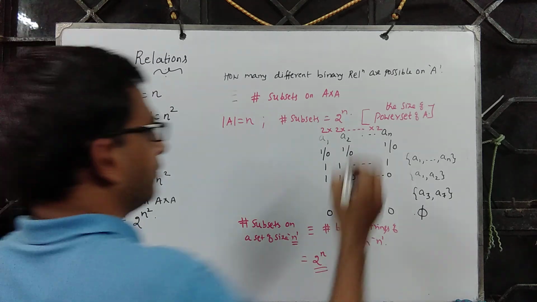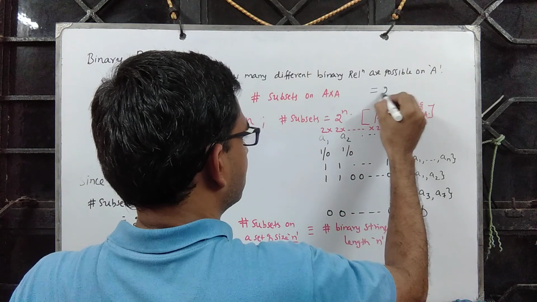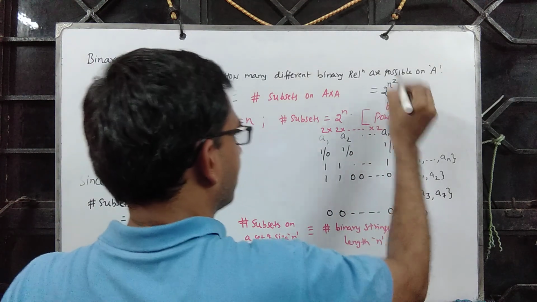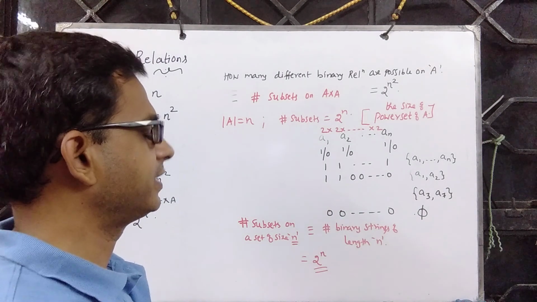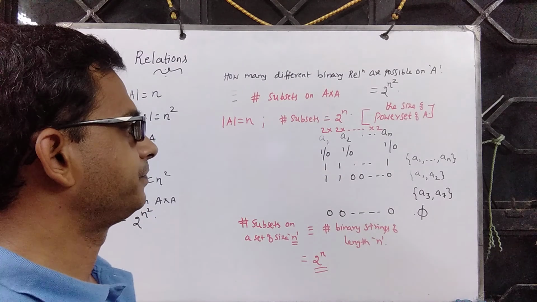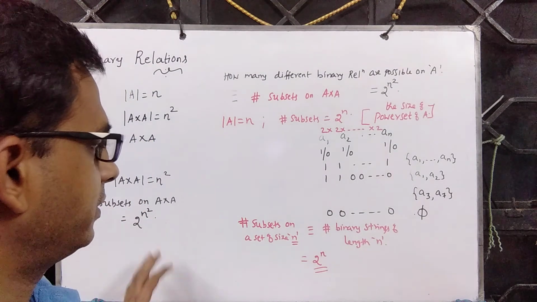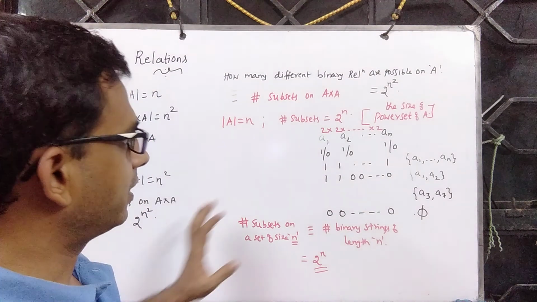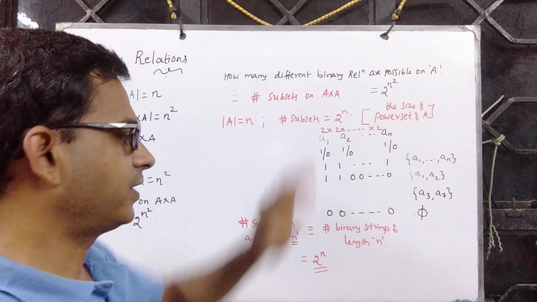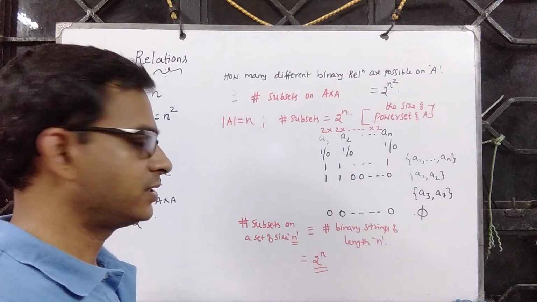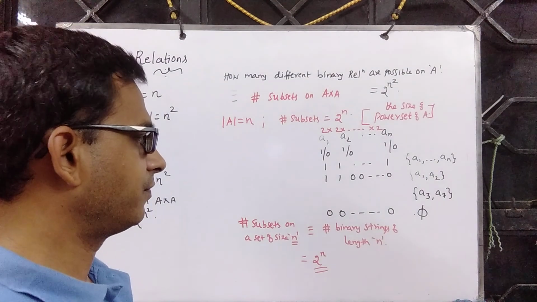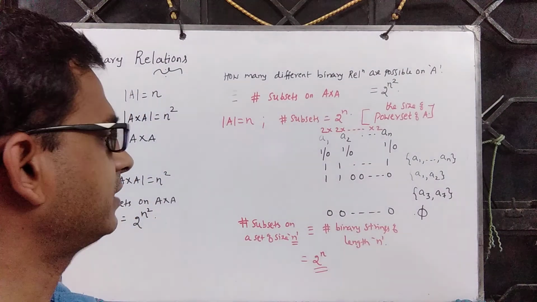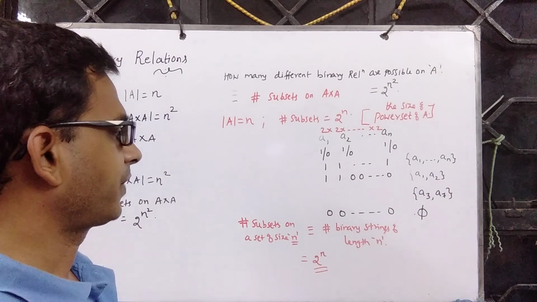So the number of different binary relations is 2 power n square if the cardinality of the underlying set is n. So this tells you that there are an exponential number of binary relations on a given finite set of size n. Okay.